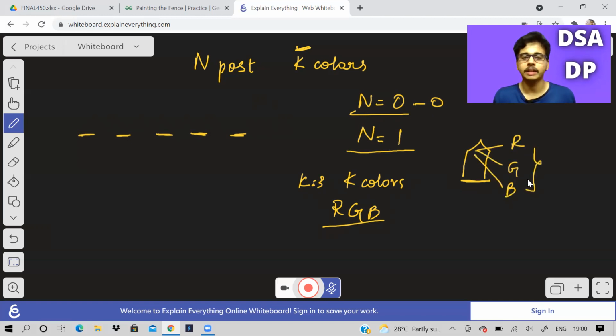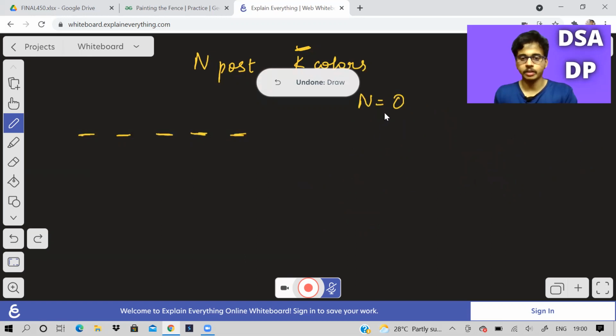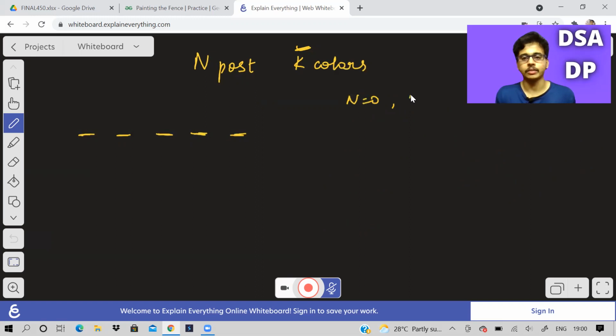How many ways are there? 3, and in general, k. So if n equal to 1, the answer is k, the total number of ways we can paint. So we got to know two things: if n is equal to 0, the answer is 0; if n equal to 1, the answer is k.